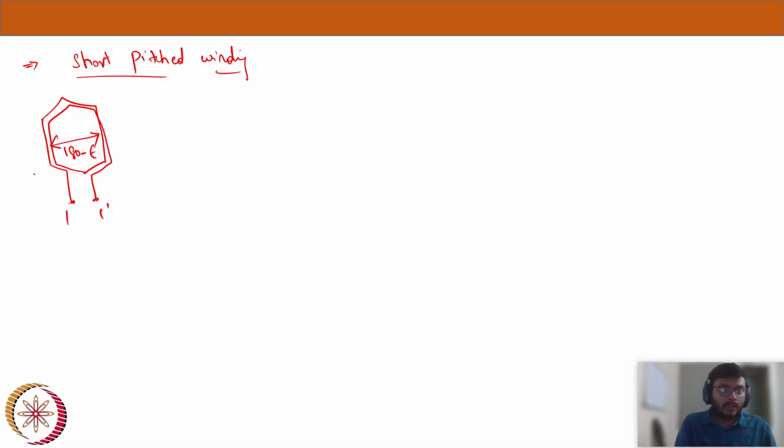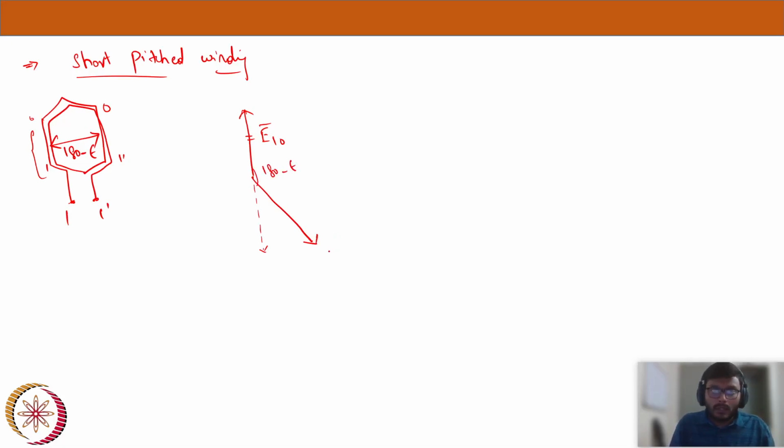This is 1 0, and this is 1 dash 0, and this is my E10. Previously it was 180 degrees, but now it's less than 180. It will be somewhere around like this, so this will be 180 minus epsilon.